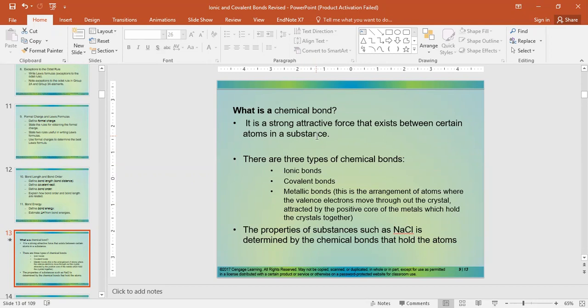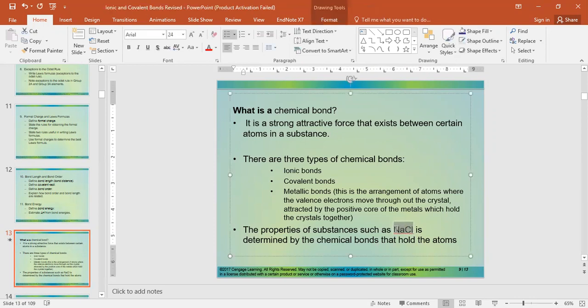This is happening between atoms of the same element, not different elements. For example, for metals, we get what we call metallic bonds. Now, the properties of substances, for example sodium chloride, an example of an ionic bond, are determined by the chemical bonds that exist between the particular atoms that form that compound.